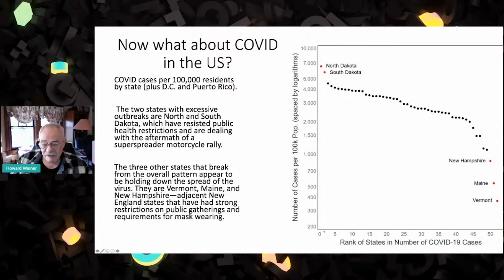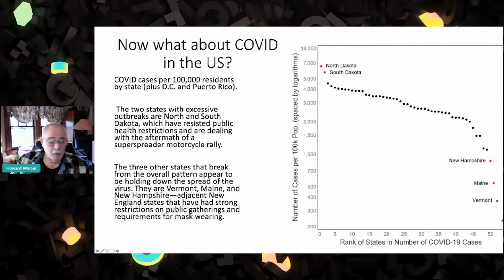The state with the most cases per 100,000 residents is North Dakota, and the second most is South Dakota, and then the rest of the states, there are 52 here, including DC and Puerto Rico, basically follow Zipf's law. It's a straight line, except at the bottom end where you see Vermont, Maine, and New Hampshire, which are also outliers. You can also look at some of these, Hawaii and others, but let's just focus on these 3 right now.